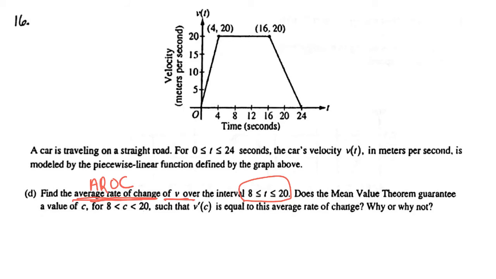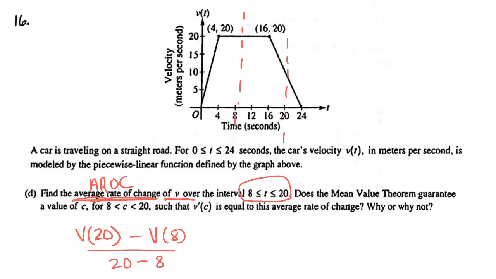So here, our average rate of change, we're going to say V at 20 minus V at 8 over 20 minus 8. So we're looking from 8 to 20. So we're looking from this interval here to this interval out here. That's what we're looking for. So let's see, what values are we going to get?